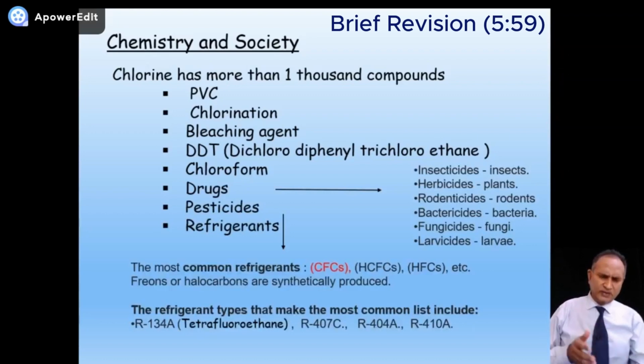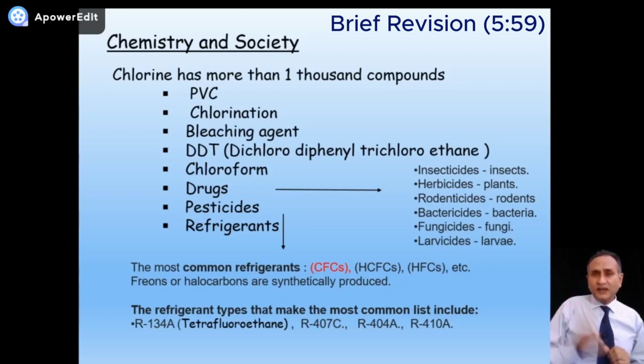Pesticides, drugs. You can see I told you that there are refrigerant gases, the gases which are used as a cooling agent in our refrigerators, in our ACs or other cooling machines, etc. So all of these are different compounds of chlorine.